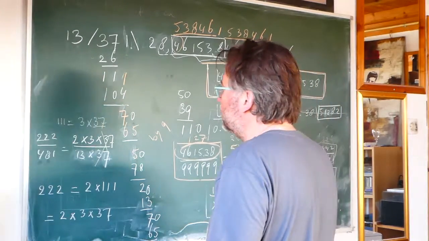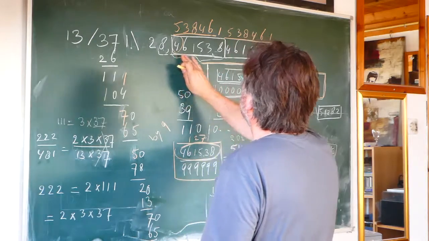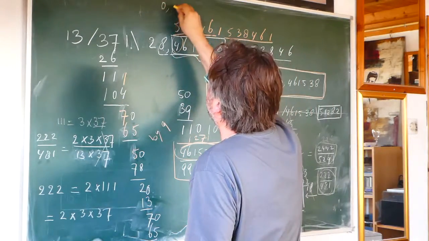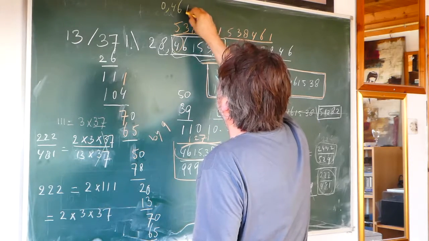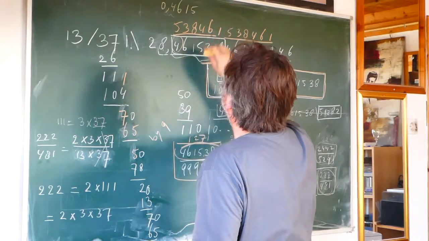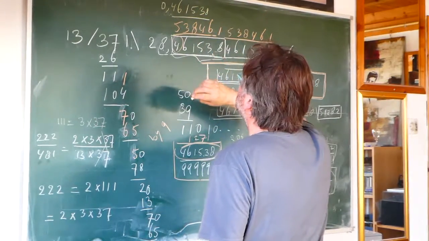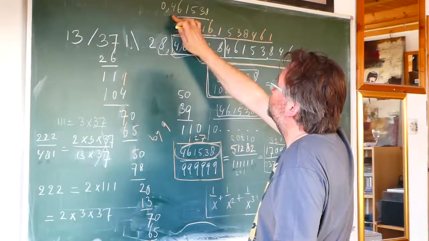So the upshot of this is that the number, I started here with something which was based on a mistake, but it is 0.461538, and then just repeating this. The notation for that is that you put a bar for the fact that this is being repeated.